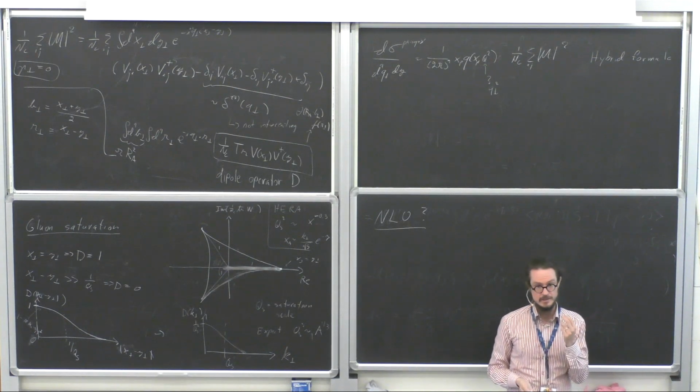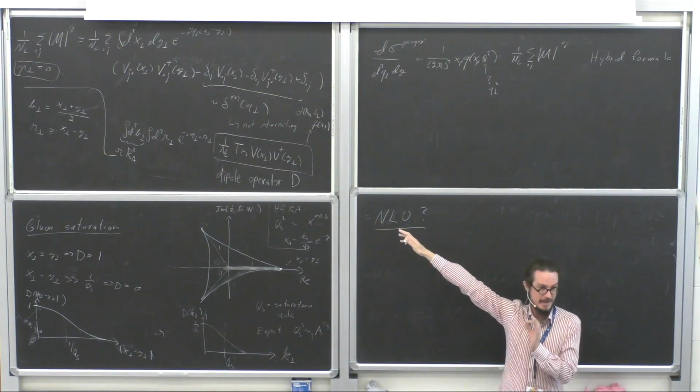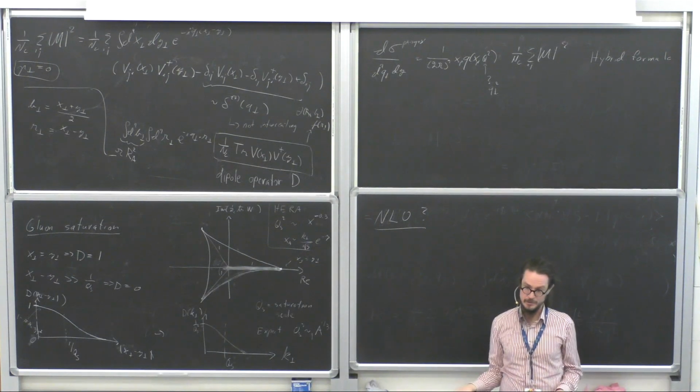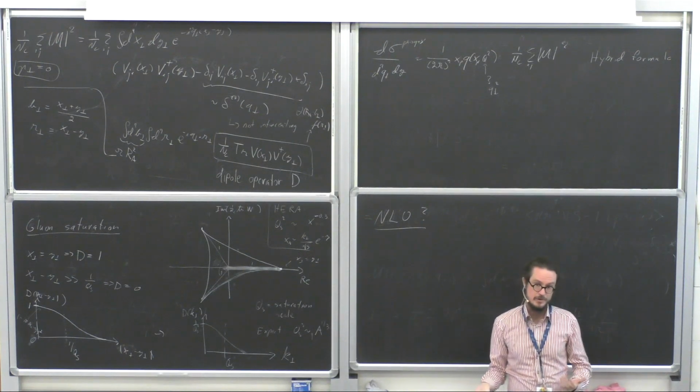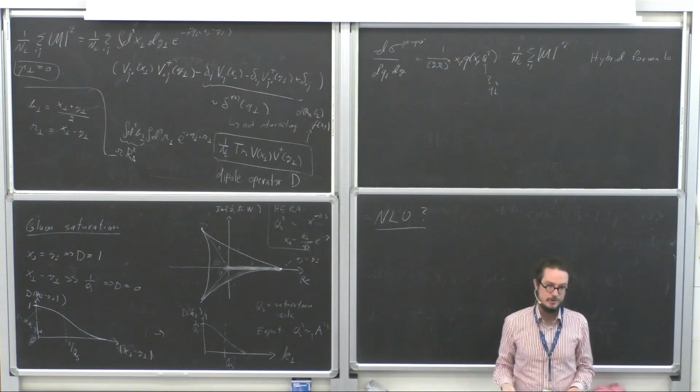So what does higher order mean? Now I have a quantum particle. I had a quantum particle, a quark. If I go to higher order in perturbative QCD, that quantum quark can start emitting a quantum gluon.